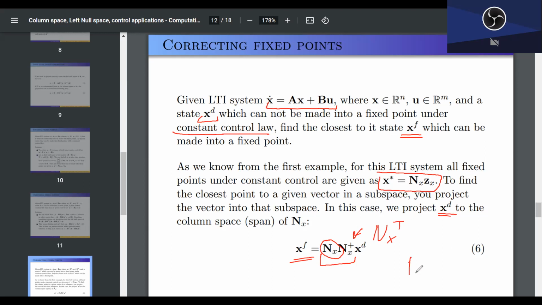N null space was orthonormal, but this is not N. This is the first n rows of N. So this is not orthonormal. This is not orthonormal. This is. So keep in mind those details.